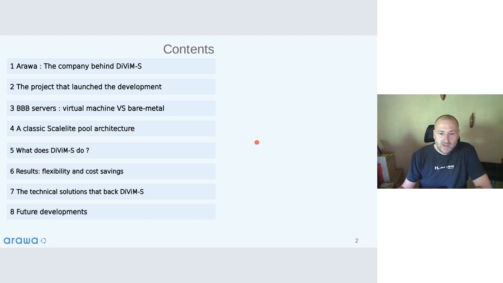Then I will present a classic Scale-Light pool architecture. And then I come to what really interests us today: Divim-S, what it does. I'll show you the results because Divim-S has been in production for about 2 years now. And I will talk to you about the technical solutions that back Divim-S, and we'll see in the end future developments.